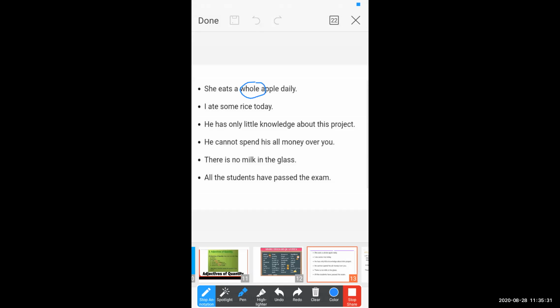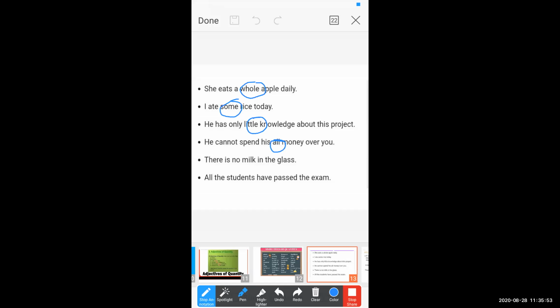I ate some rice. Some comes under quantity. He has only little knowledge about his project. So this little also comes under the adjective. He cannot spend all his money. Here the money amount is not mentioned. It is just written all money.